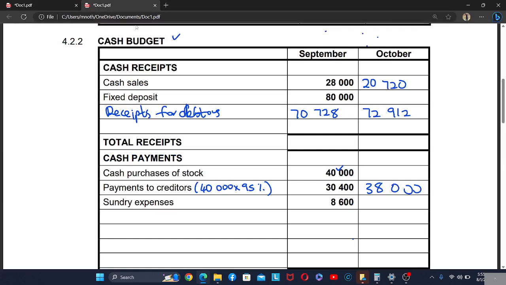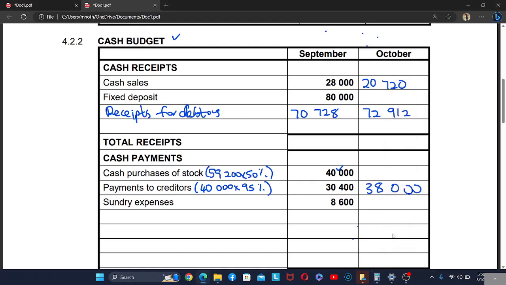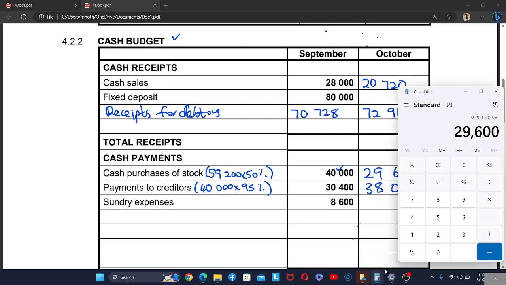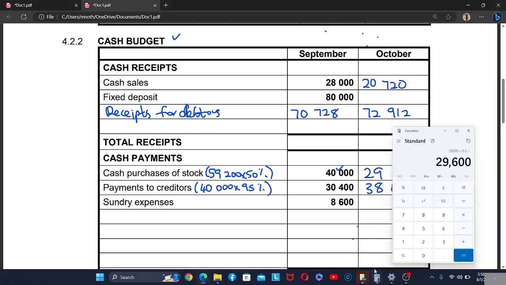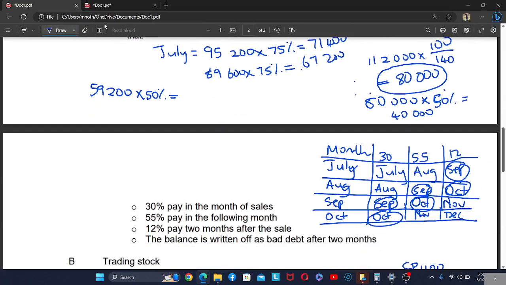How much is it for October? 59,200 multiplied by 50%. It is going to be 29,600. Okay, let's continue. The next one.